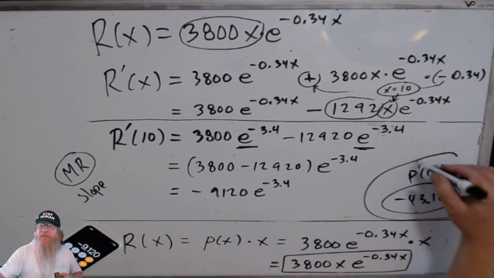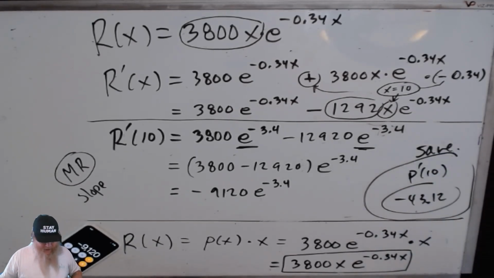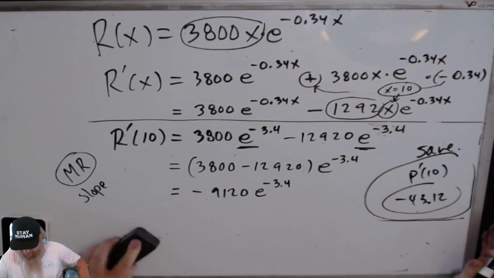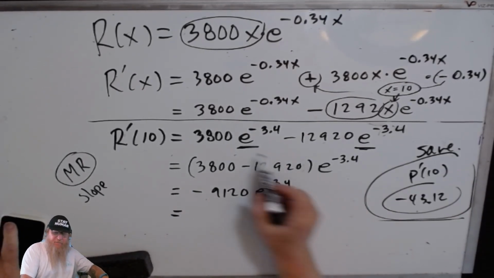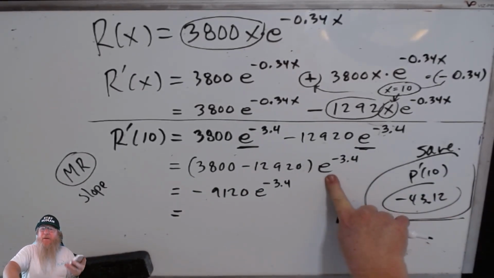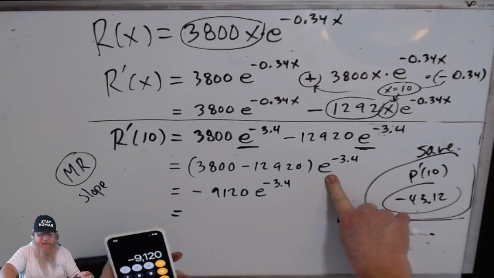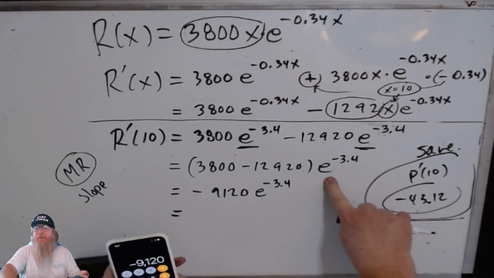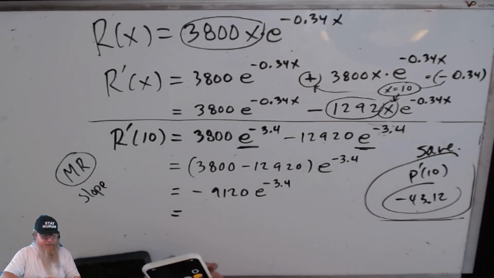I'm saving this to talk about in a minute. I don't know if this makes it any easier, but it does for me because I'm using a cell phone calculator. I'm only going to have to plug this into my calculator once. So 3.4 negative.